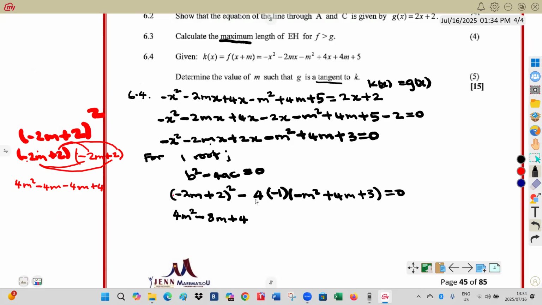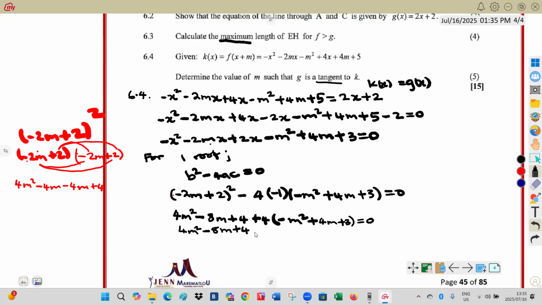Then here, minus is going to be plus 4. Then we have a bracket, which is having minus m squared plus 4m, plus 3 is equal to 0. Simplify that. We are having 4m squared minus 8m plus 4.